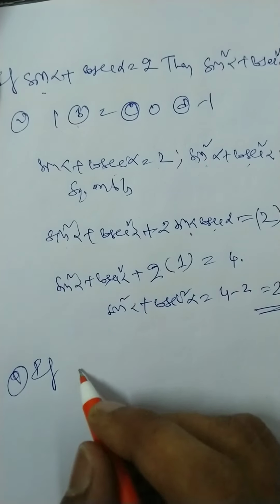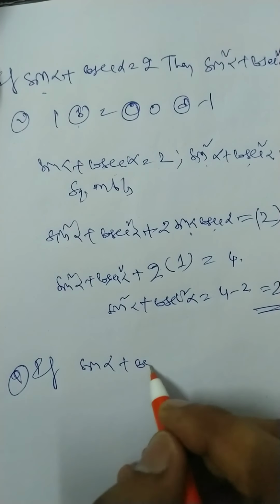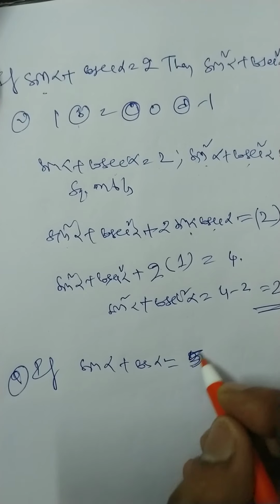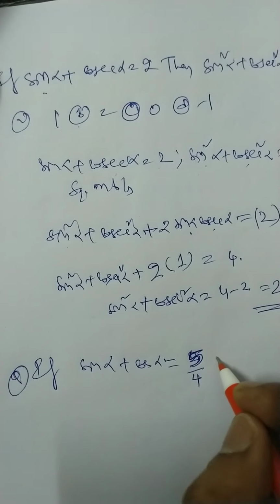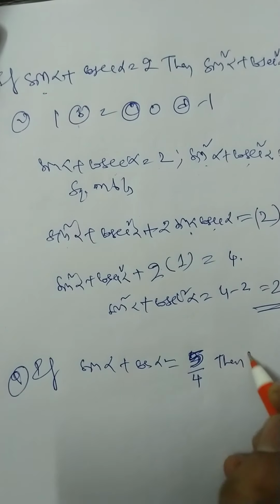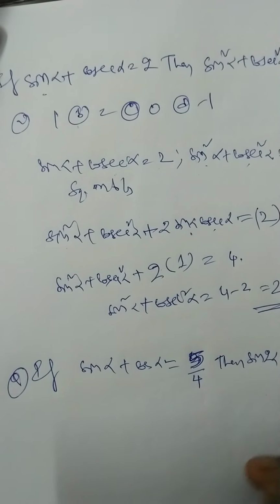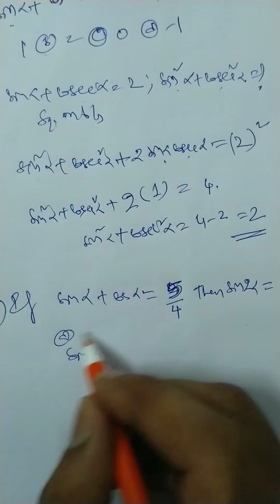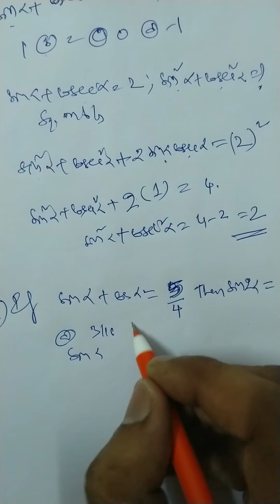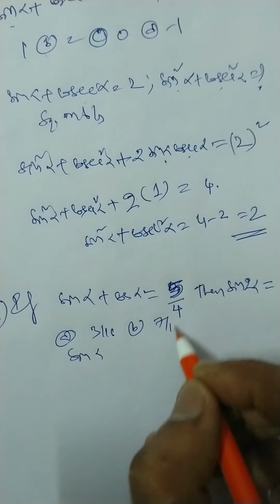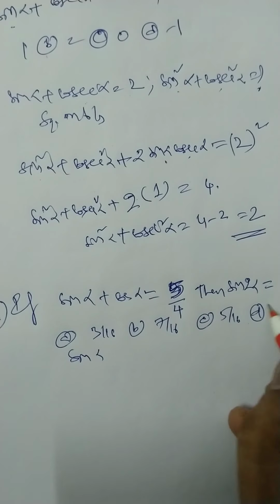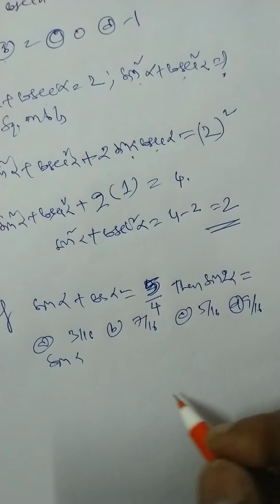See another problem. If sin alpha plus cos alpha is equal to 5 by 4, then sin 2 alpha is equal to: you have been given options as 3 by 16, 7 by 16, 5 by 16, 9 by 16.